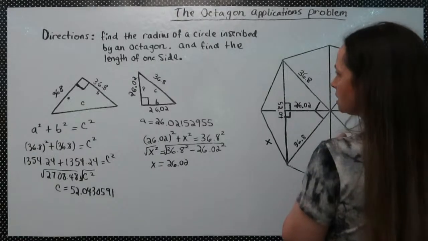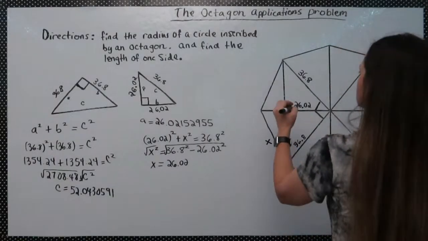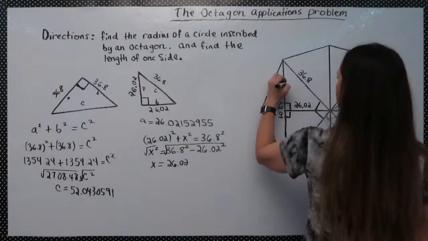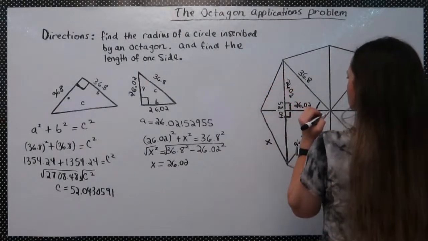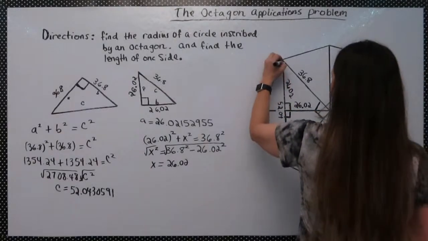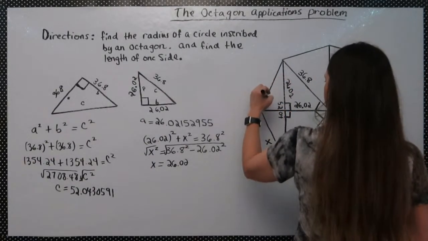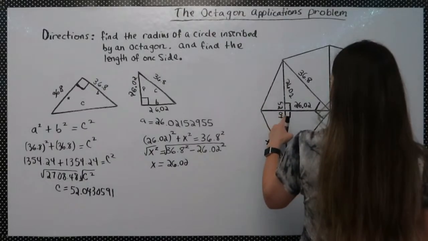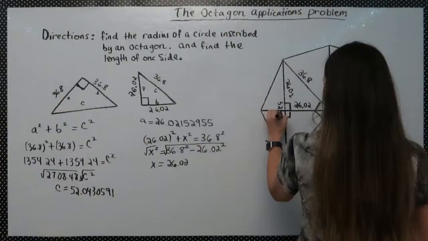Wait a second, how is that going to help me? Okay, so this is 26.02. Okay, I need this side length. I need to find x here. Okay, so I have this one. This is a 90-degree angle.